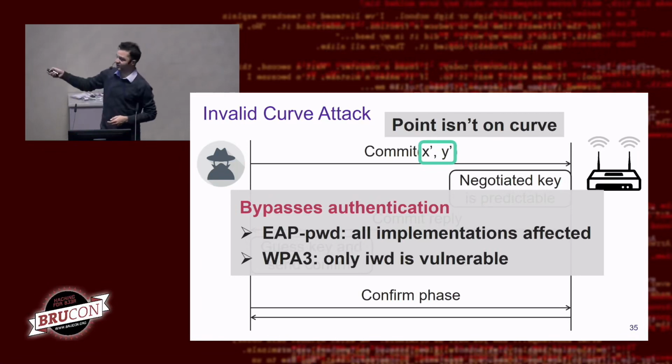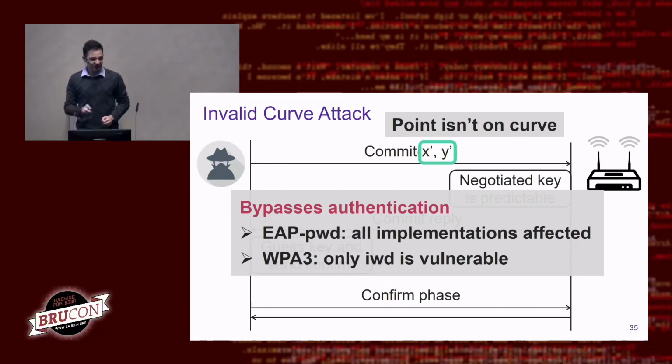But if you, for example, use FreeRADIUS or Radiator with an older but still maintained version of OpenSSL, then you can simply bypass authentication and you can log in as anyone that you want. With WPA3, the situation was a bit better. There we only found one implementation that was vulnerable to a variant of this attack.